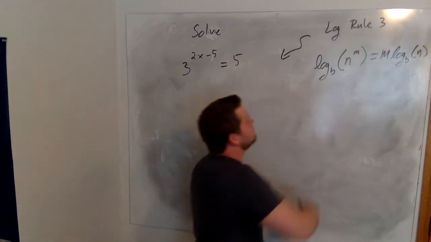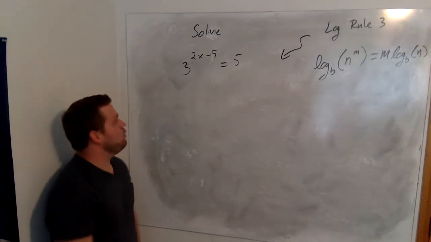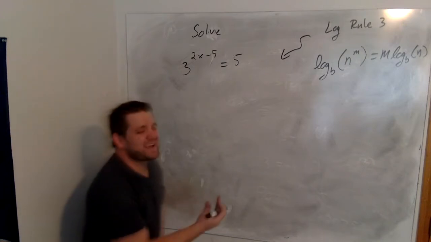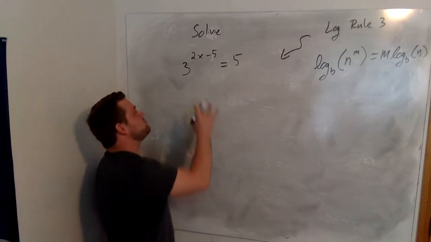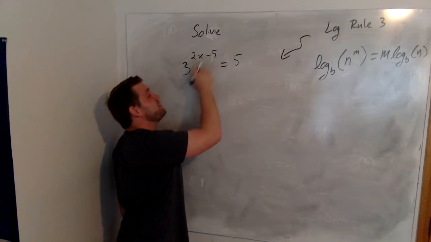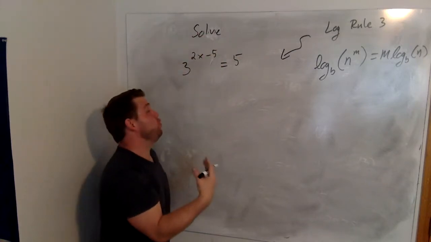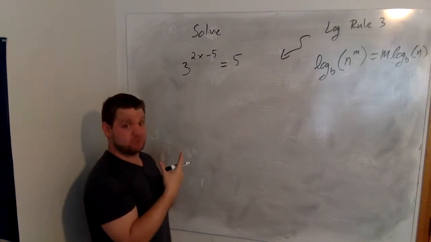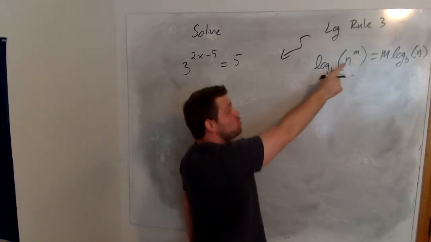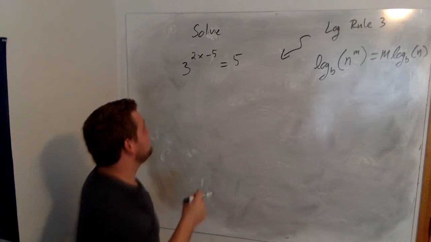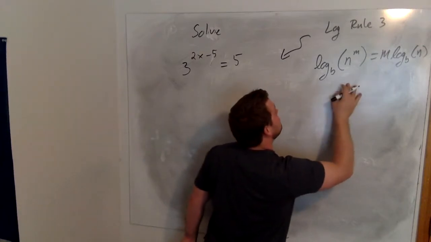I can bring powers out front. So it would be really great if I could somehow get this exponent, this x, out of the exponent. Is there a tool that lets me bring it out front? Log rule 3 lets me do this. So what I'm going to do is notice that this works for any base.